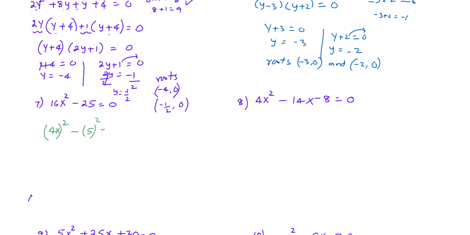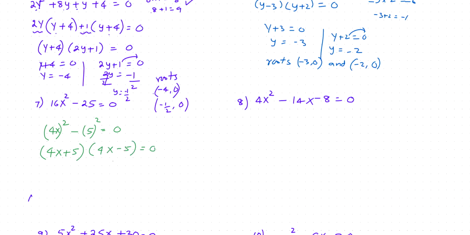A square minus b square. Factors are a plus b, a minus b. So a plus b will be 4x plus 5. And other factor will be 4x minus 5. Now each factor we write equals to 0 and solve for x.